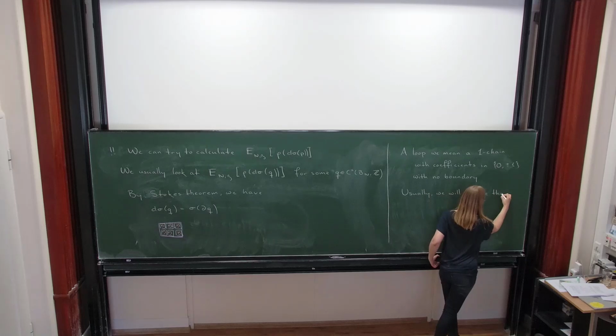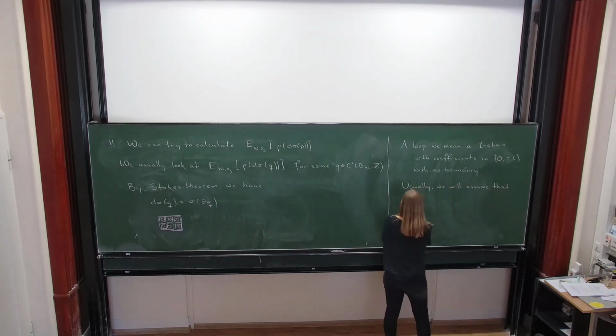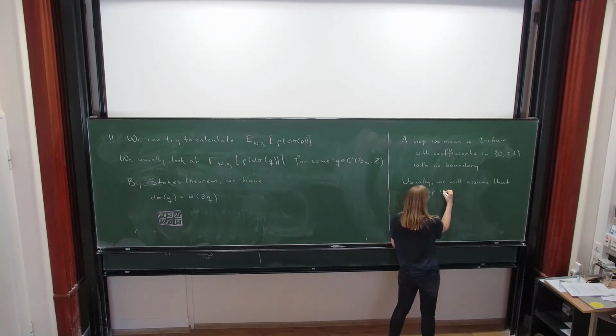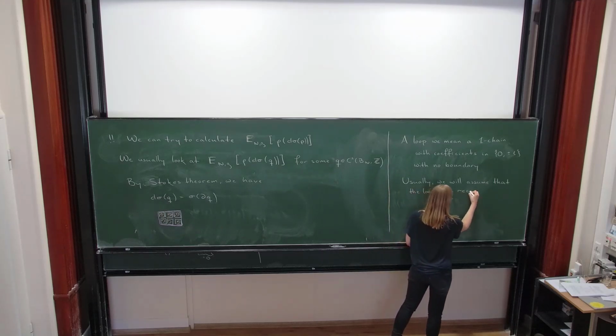So we will assume that the loop is a rectangle.